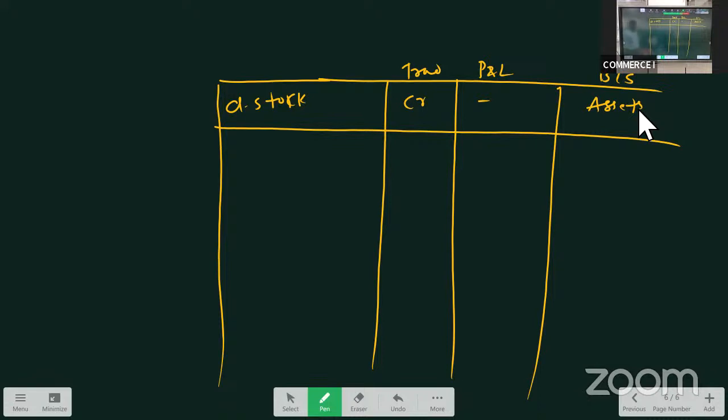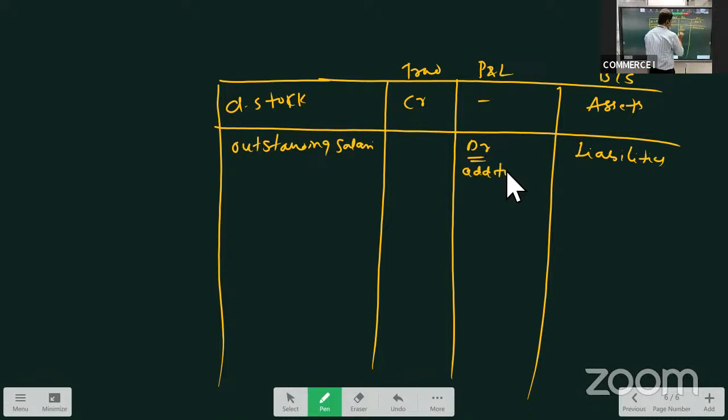Then what is the second adjustment? Let us say it is outstanding salaries. Then it will come on the P&L account debit side. And then it is shown as a liability. In P&L debit side, what do we do? Add to salaries.